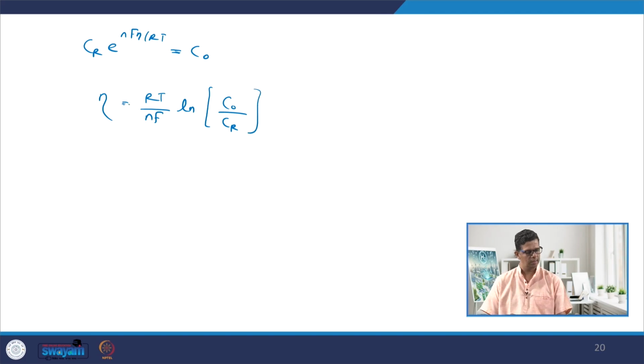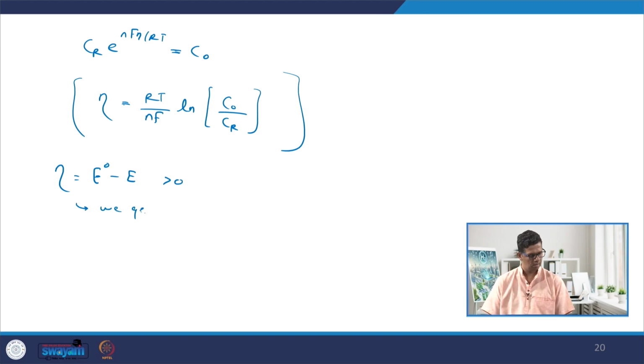So in other words, if this eta, as we already know, is E naught minus E or E operating, if this is greater than 0, if this is positive, we get anodic current. So how does this happen?